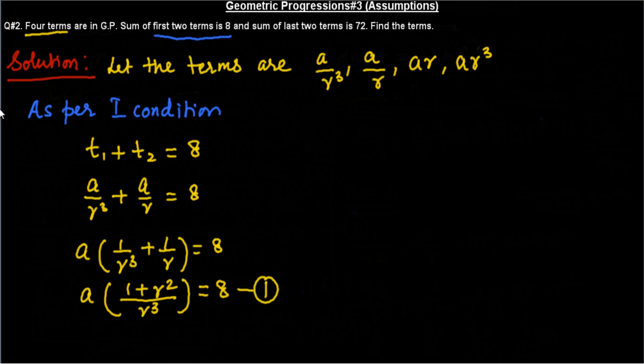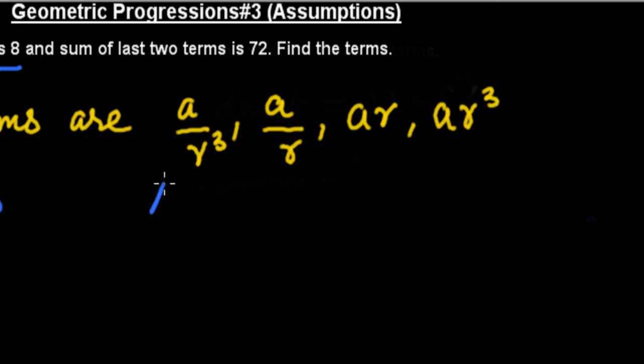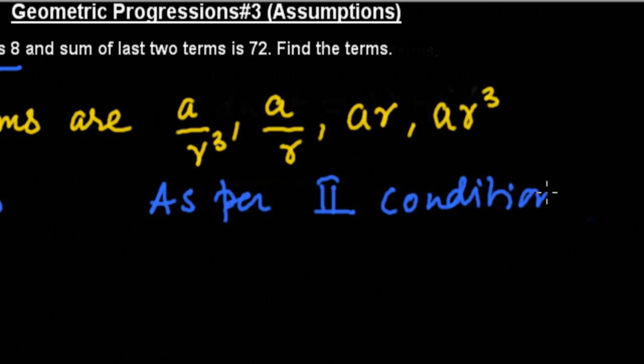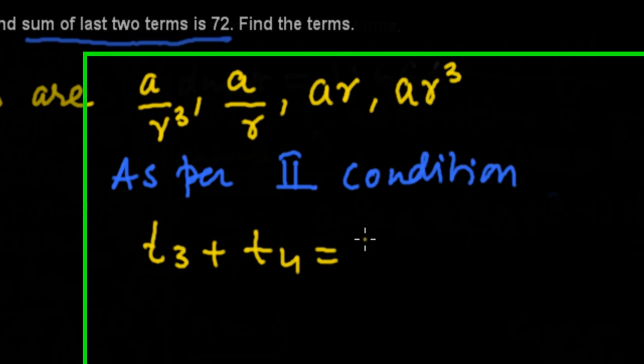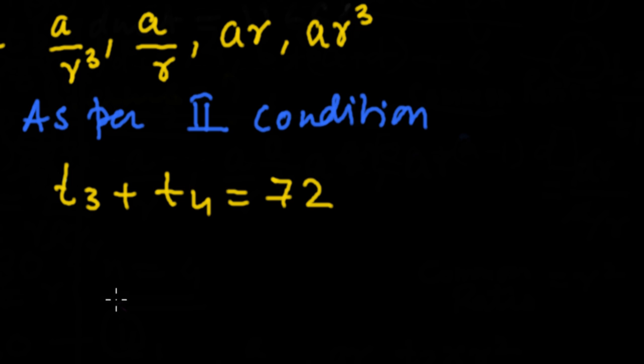As per the second condition, the sum of the last two terms is 72. So T3 plus T4 is equal to 72.